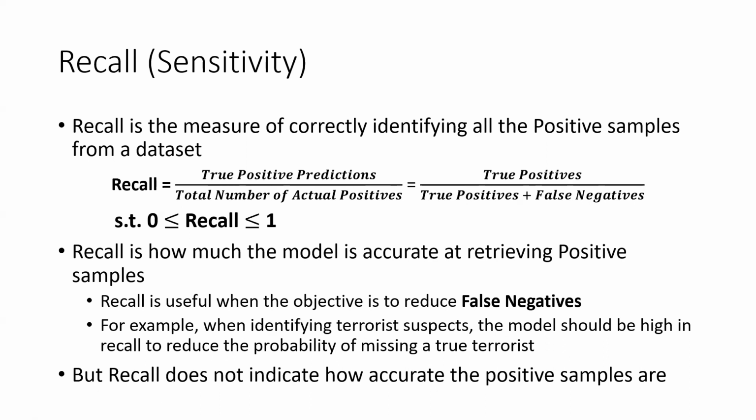But the idea is to reduce a real terrorist blowing up an airplane. So we have to use recall as the performance measure when it comes to detecting possible terrorists among the passengers, right?